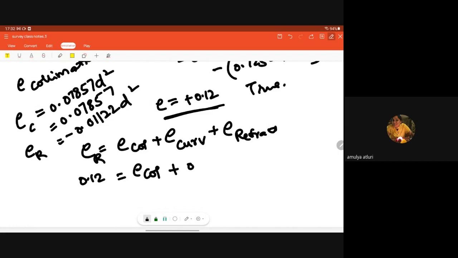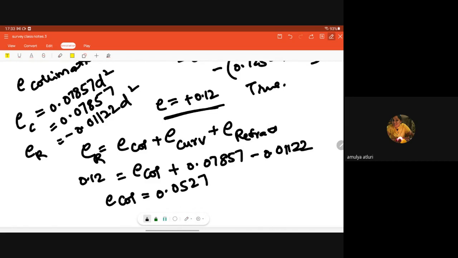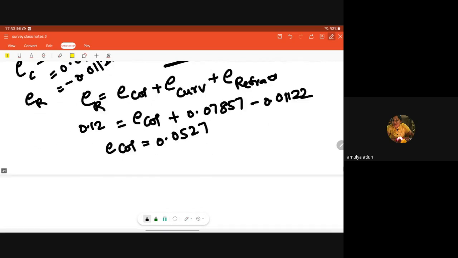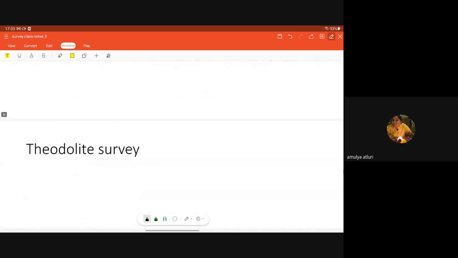So EC is 0.07857 minus 0.01122. After substituting and calculating, we got the error due to collimation as 0.0527. Got it? So these are the errors due to collimation.